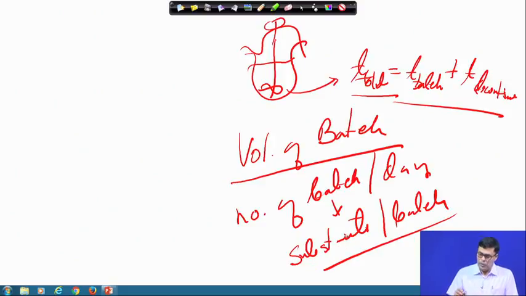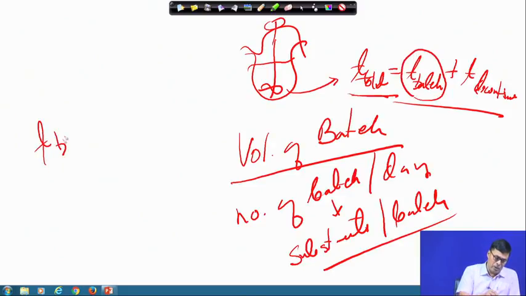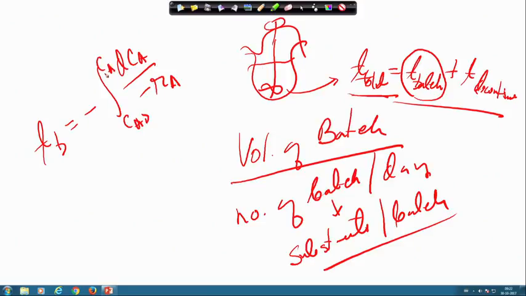To find T total, you first calculate T batch, and I showed you T batch equals the integral of minus dCA by minus RA. From CA0 to CA you can easily find the batch time required, and you assume some downtime and then you find T total.